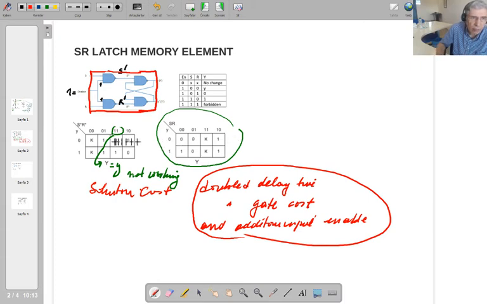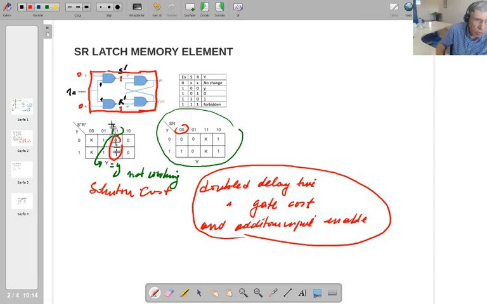Let's check it. When SR values are 0, 0, let's make it red now. SR input 0, 0, what happens? That's going to be 0, and that's going to be 0, and the primes are 1, and that's going to be 1. When S star and R star are 1, 1, my output is 0, 1.